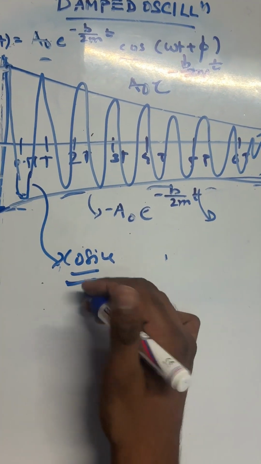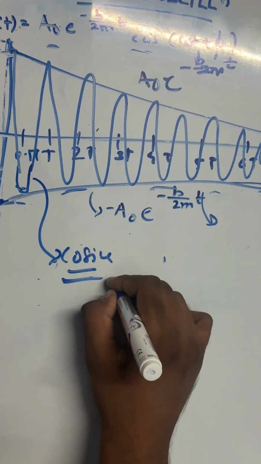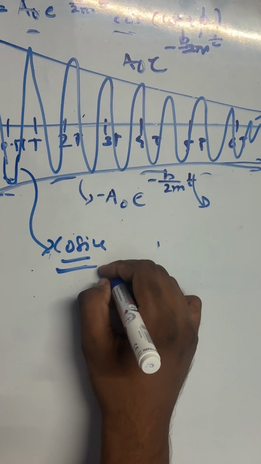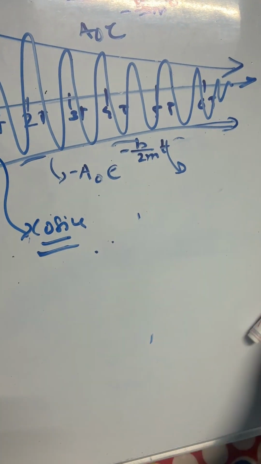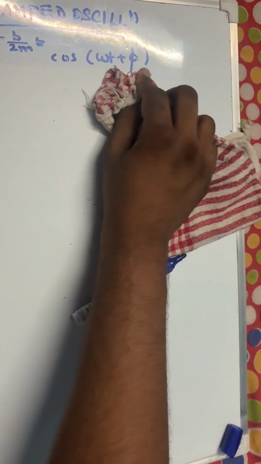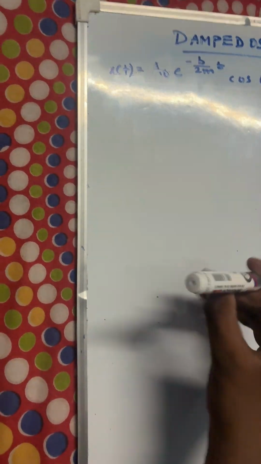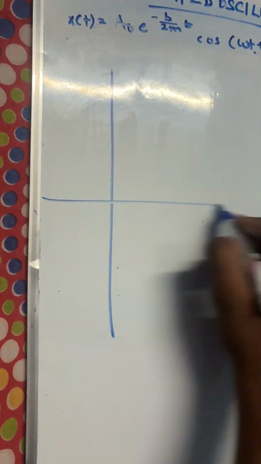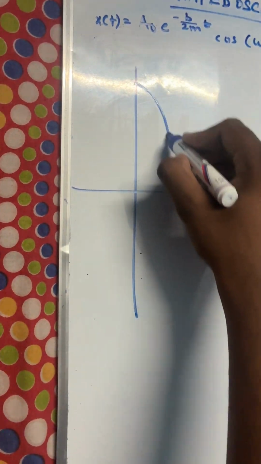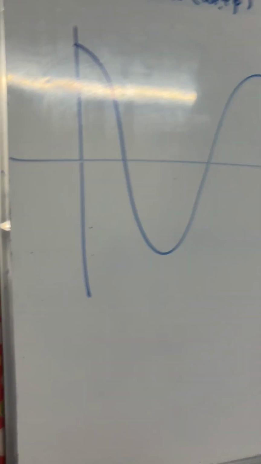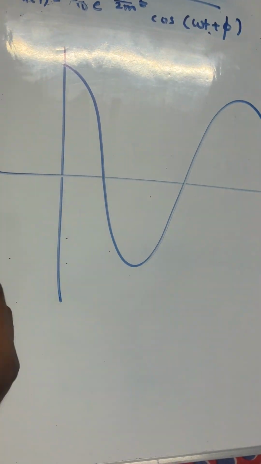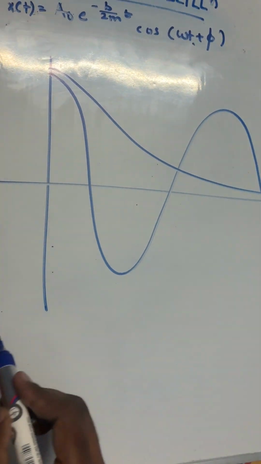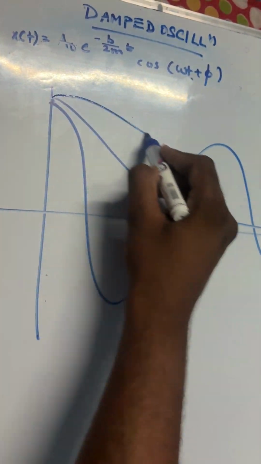The main thing here is about the damping constants. If I draw another curve, I'm drawing the general curves, just three curves. Let me take one this, one as this and one as this.